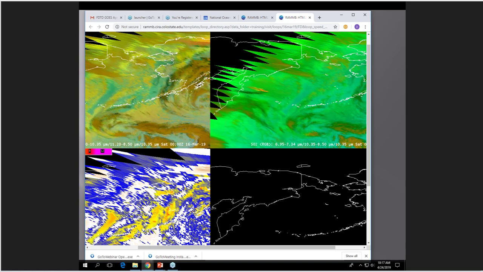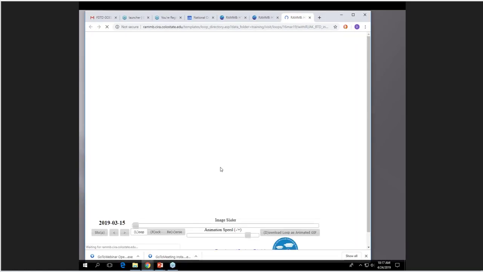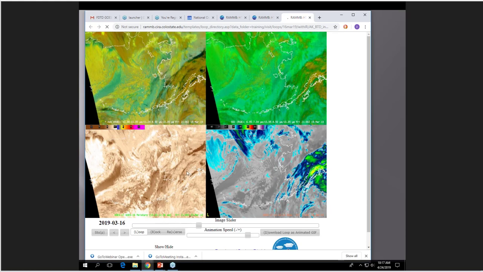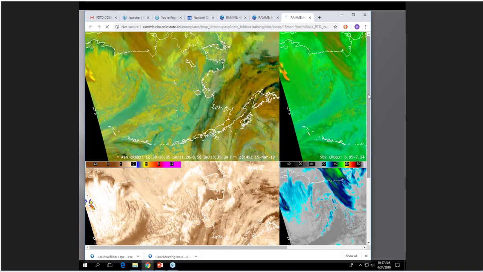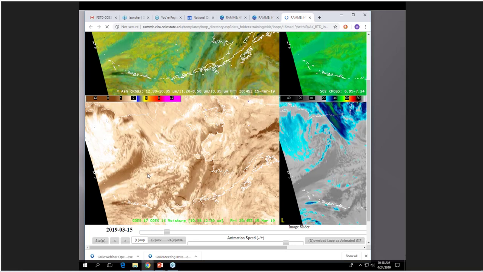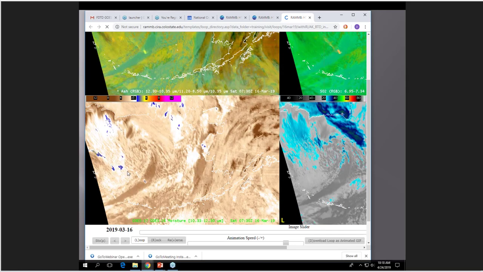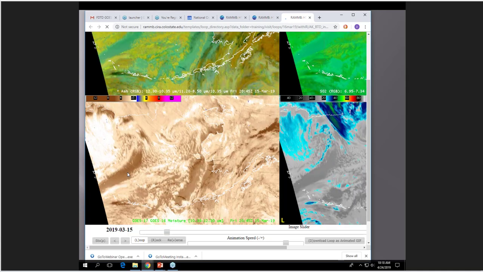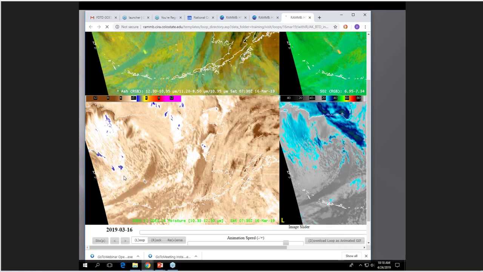Okay, and I have one more. I think we changed the color tables for this imagery. So on the lower left, the other two you've already seen. On the lower left is a little bit different color table that's implemented, and it really brings out the ash signature in the split window difference channel, as shown here.